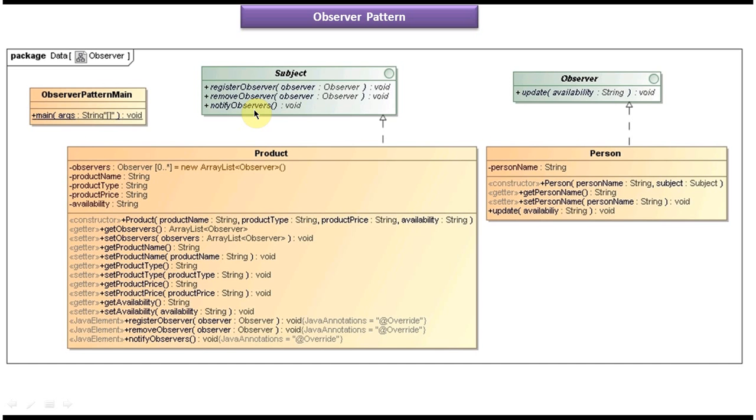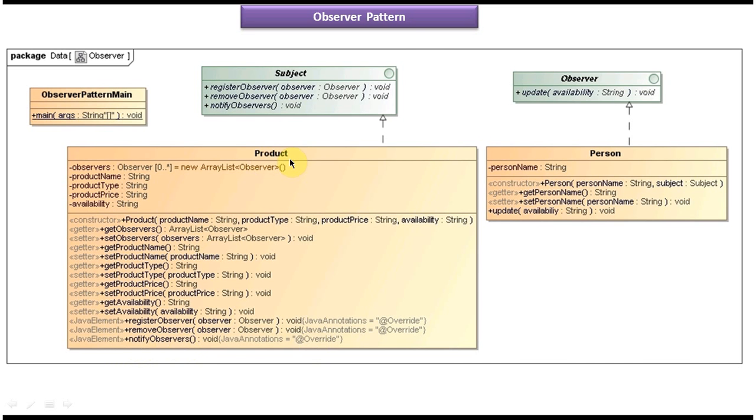Okay, and you can see down there product, which implements the subject. So you can see this product is a subject because it implements the subject. So this product provides implementation of these three methods: register observer, remove observer, and notify observers.